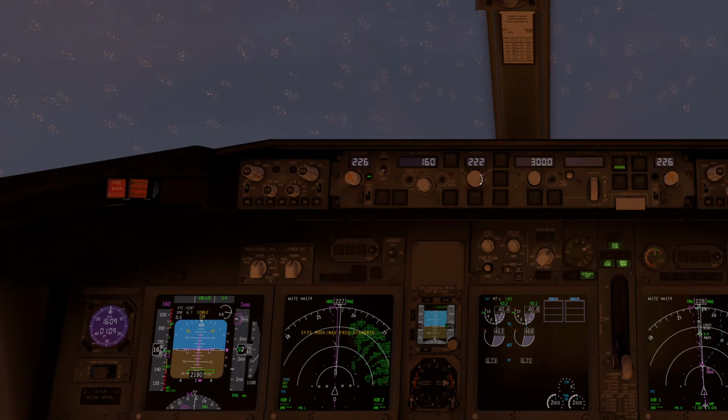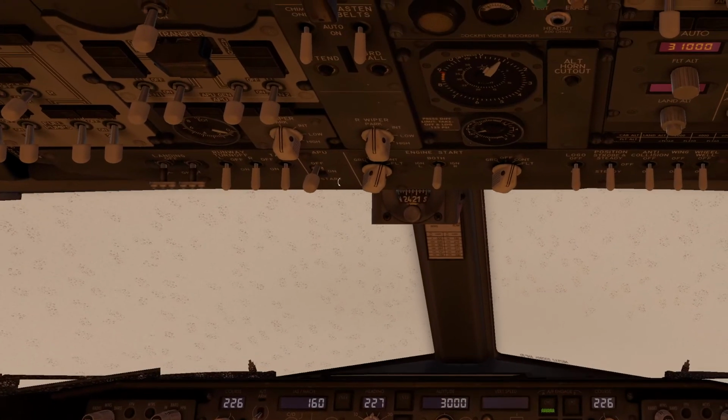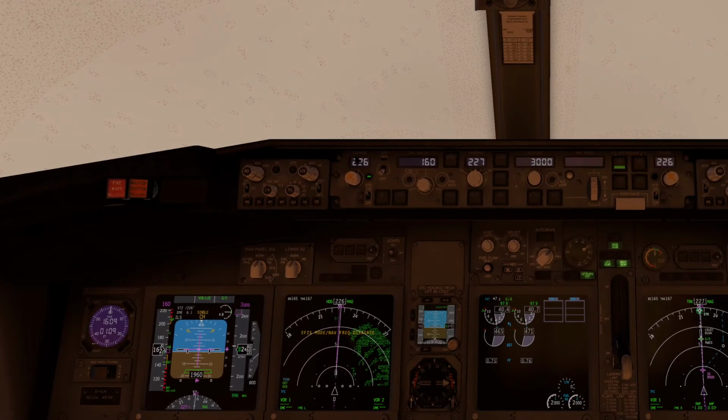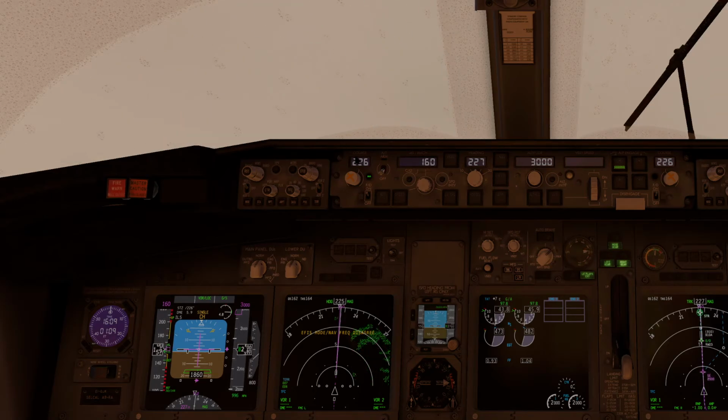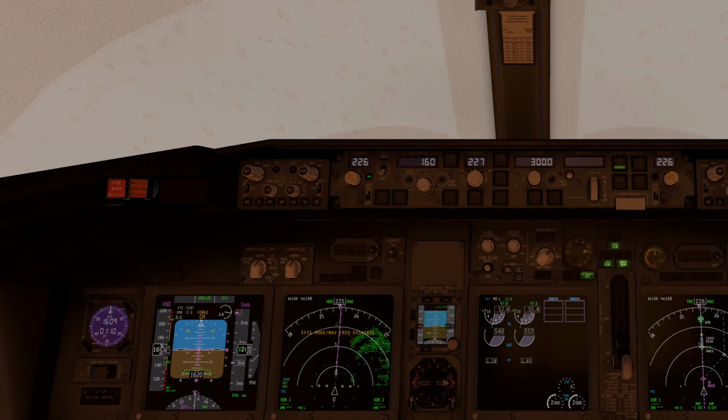Oh, it's raining on top of that. Let's put some wipers. Intermittent. 162, flaps 15. Some thrust is required. Reducing a little. 162.